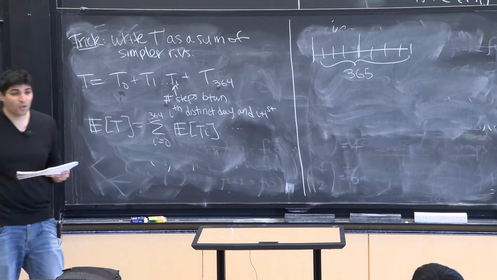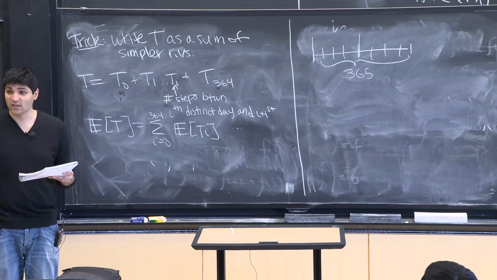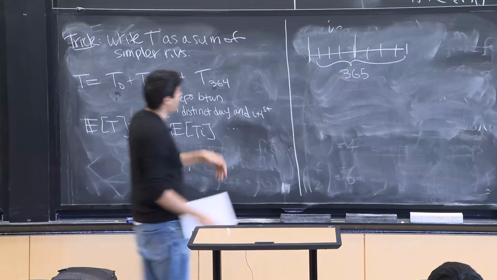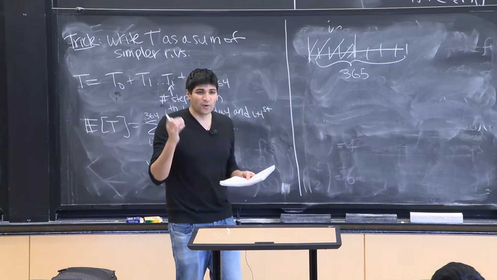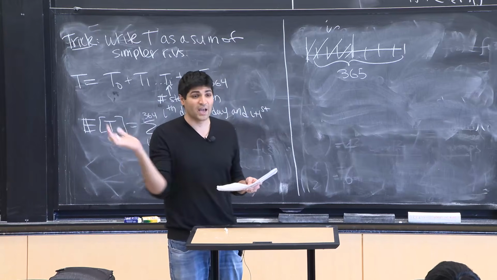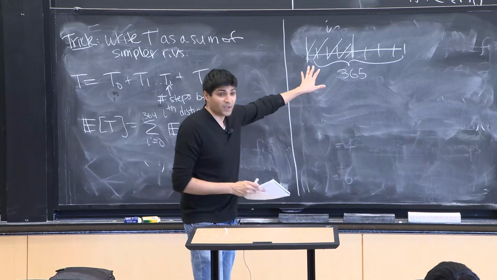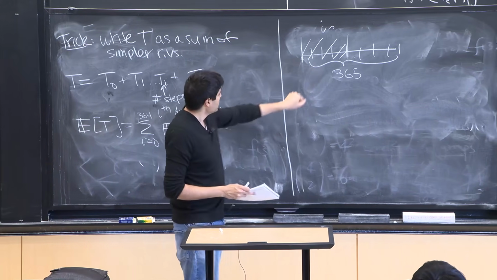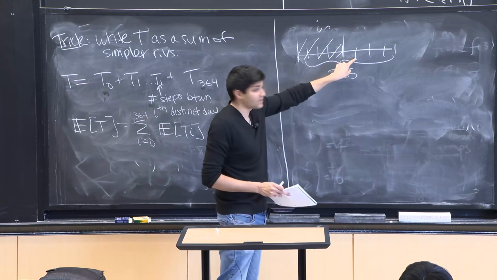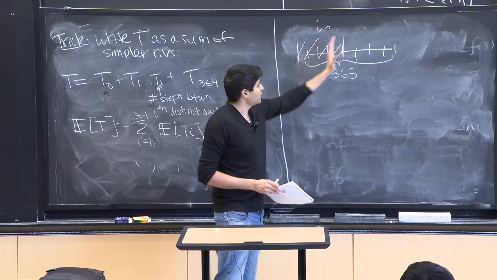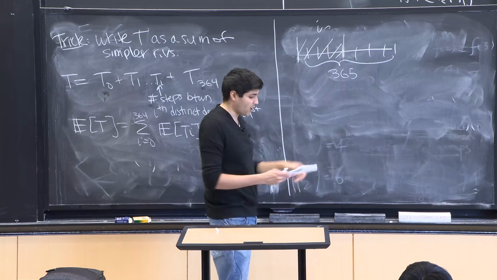And we're asking how long until we see the next distinct birthday. So we've seen all of these different birthdays in this region. Because each dart I'm throwing is uniformly at random, I can just pretend that all the birthdays I've seen are all at the beginning. Nothing's going to change. And what I'm asking is how long until a dart that randomly hits one of these segments actually lands outside the set I've seen so far.